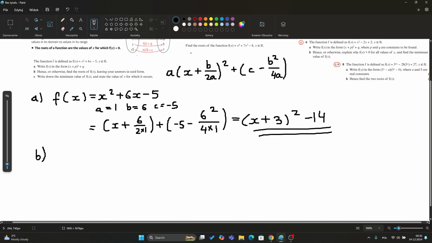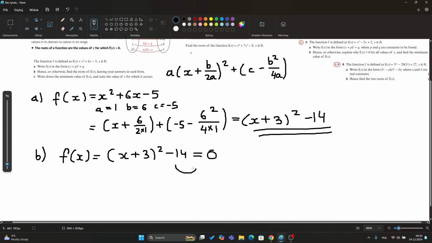So what question B wants us to do is to find the roots of the function f. So the function f is x plus 3 squared minus 14. So we set f of x, x plus 3 squared minus 14, equal to 0.